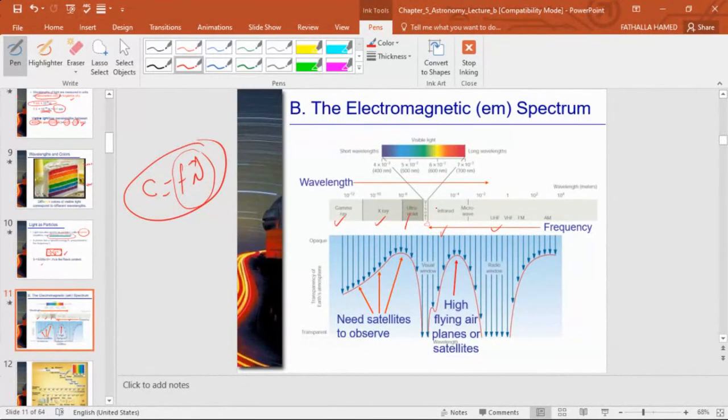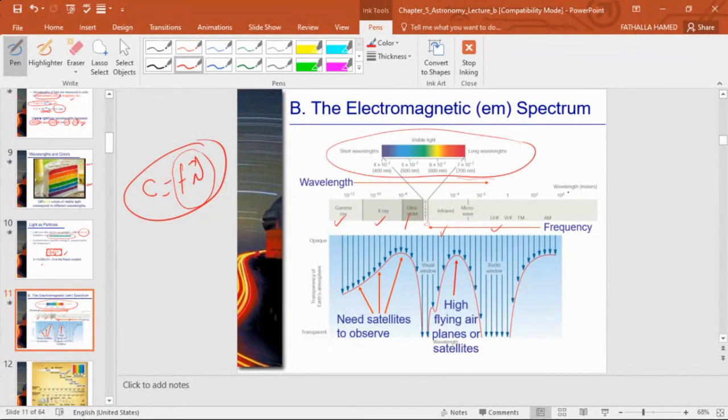So as you can see here, we're expanding this small portion here, and this is where we have the visible region, which goes from 400 to 700 nanometers. If you go this way, the wavelength is going to increase. And if you go this way, the frequency is going to increase.